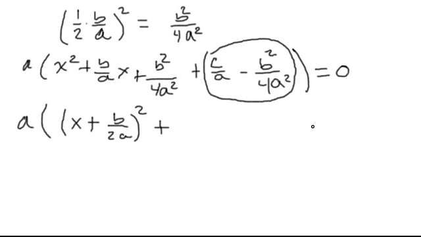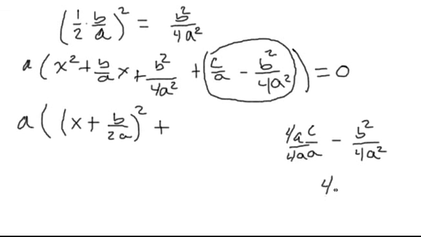So I'm going to do a little side work over here. We have c over a minus b squared over 4a squared. I need to multiply the top by 4a and the bottom by 4a.